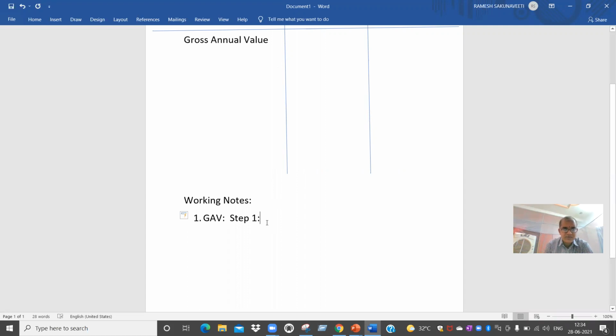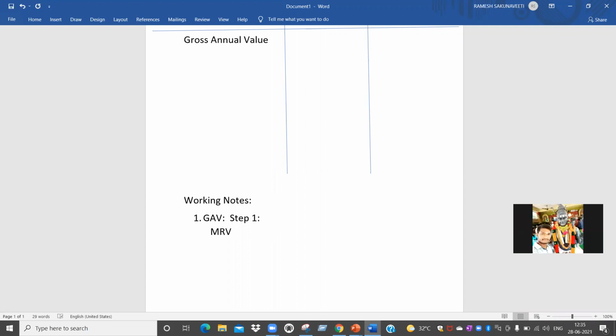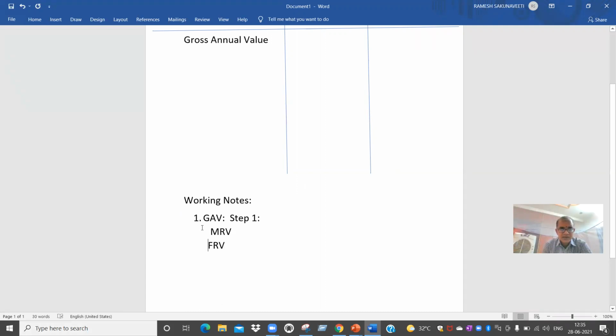It is a comparison between two values. What are those two values? Yes, one is MRV and another value is what? FRV. Very good. MRV and FRV, you have to make a comparison. Now just once you read the problem.